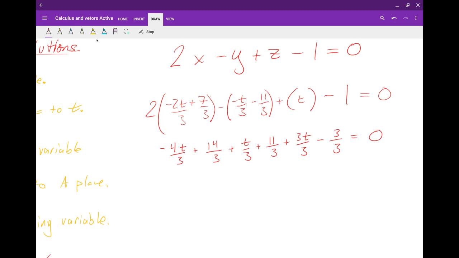Now, anything with a t in it should combine. I've got a negative 4t plus t plus 3t. All the t's go away, so I get 0t. What's 14 thirds plus 11 thirds?